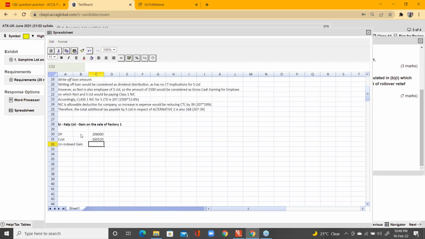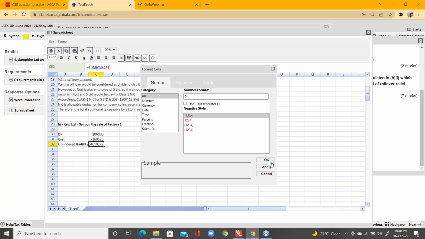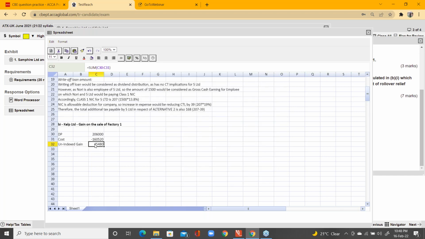The unindexed gain is equal to the sum of these two, which is 45480. From this unindexed gain, we can now deduct the indexation allowance.